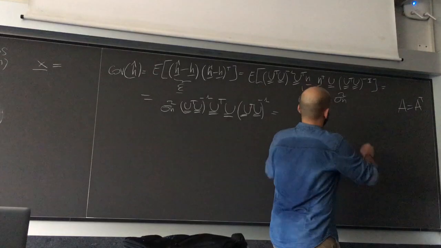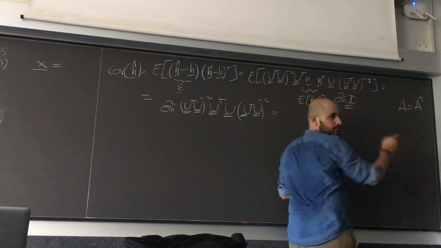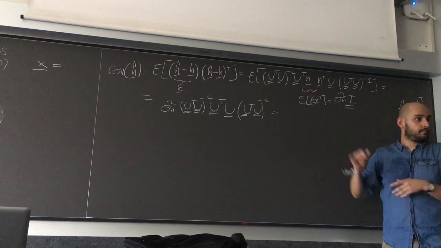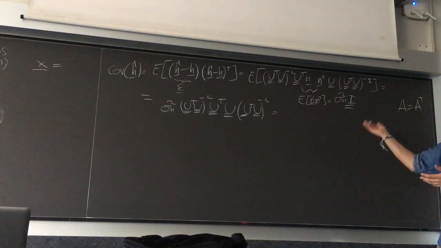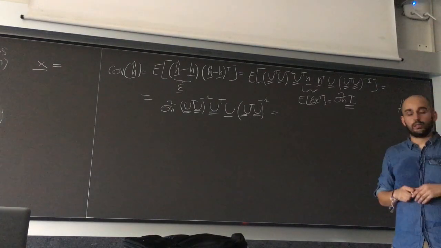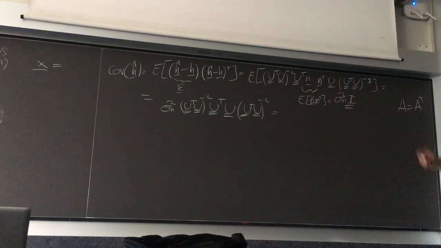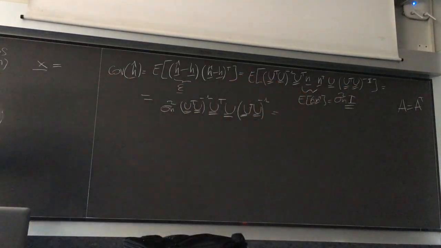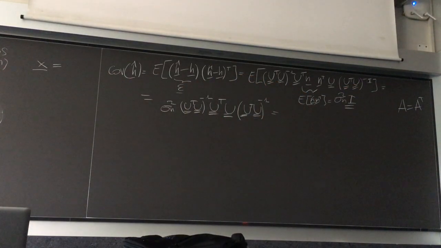In this case, the expectation is an identity matrix, right? This is a matrix because this is the covariance matrix of the vector, so we need to know all the elements in this matrix. Yes, it is the identity matrix times sigma n, which is missing also here. Thank you again.